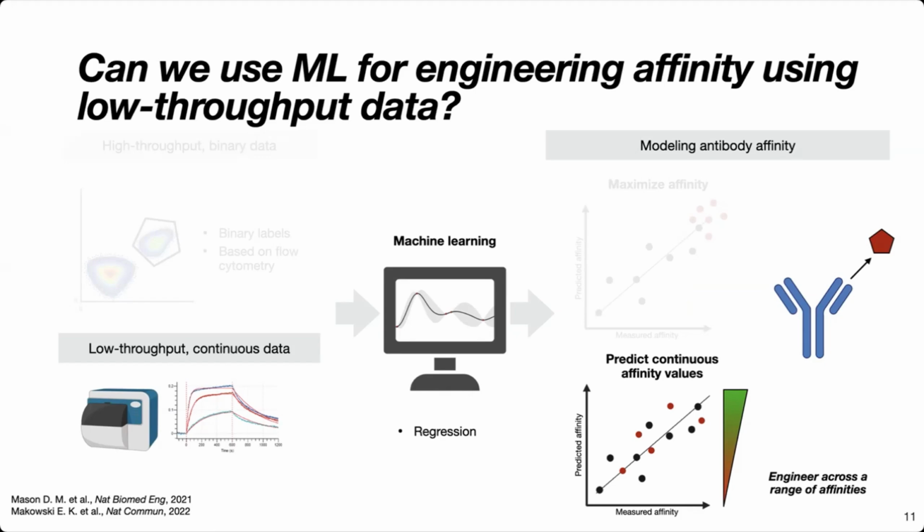However, these methods are substantially reduced in their throughput because you cannot do pooled screens as opposed to flow cytometry. This continuous affinity data, however, would enable us to train machine learning regression models and to predict continuous affinity values and engineer an antibody variant across a range of affinity.